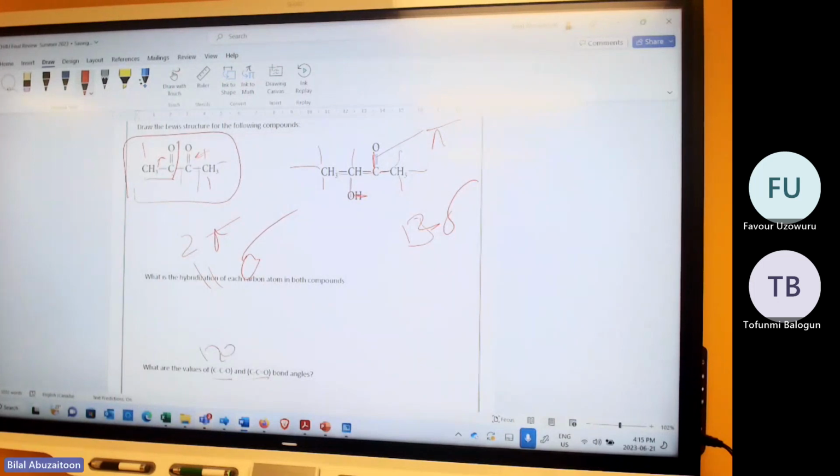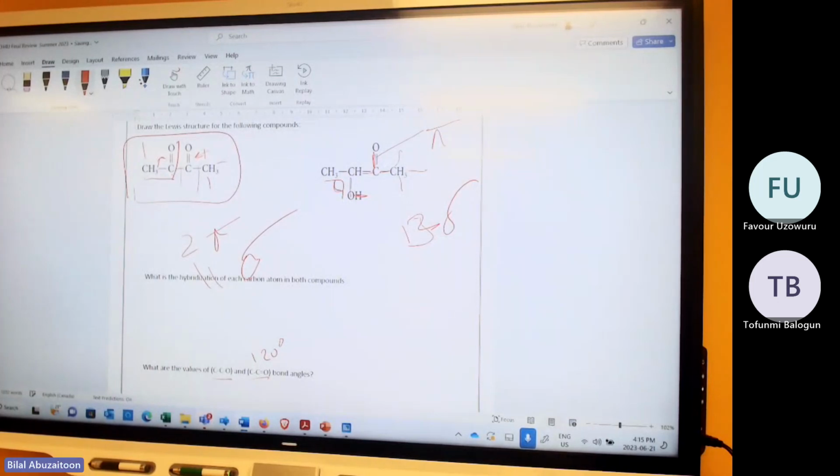Hold on, this is for COC. CCO, this is the bond angle. And CC, this is 120. And for CCO, this one, what is this angle?